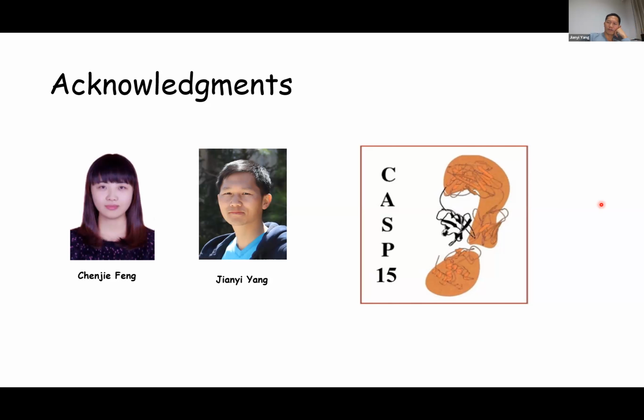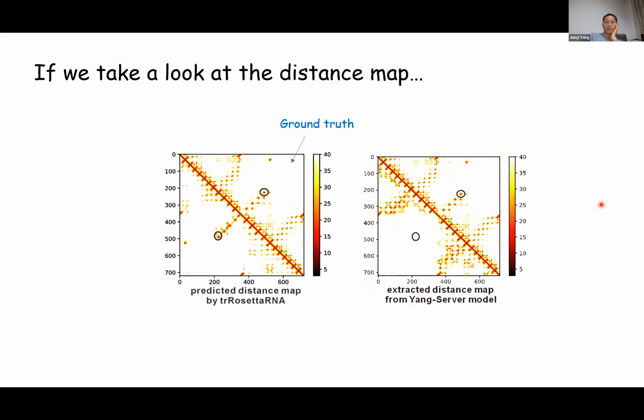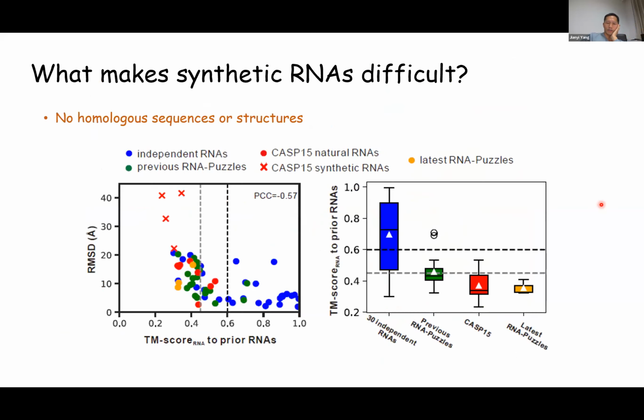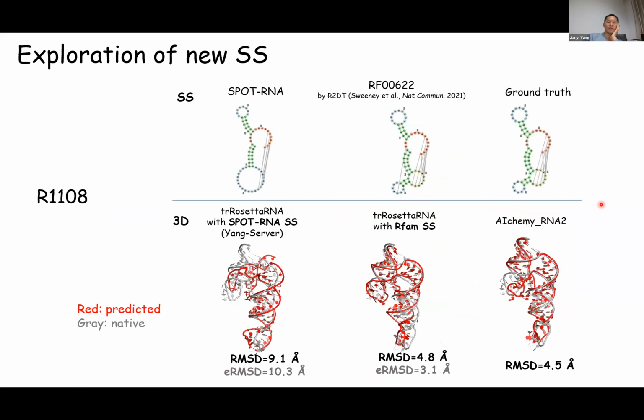At least in this CASP example, human intervention is needed. If you have a better predicted secondary structure, then you can definitely improve the AI-based predictions. So also for these examples.